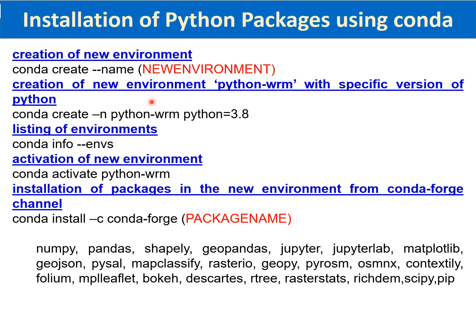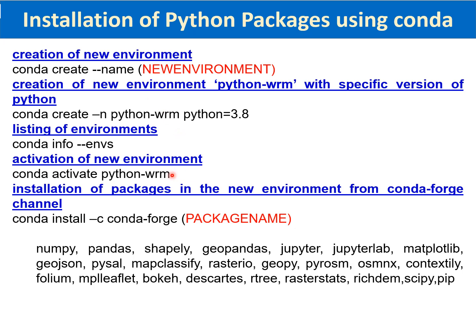Now, as you have already seen, the Anaconda distribution has already installed Python version 3.9.12 on your system. However, if you want to create a new environment with a specific version of Python, you can do that.